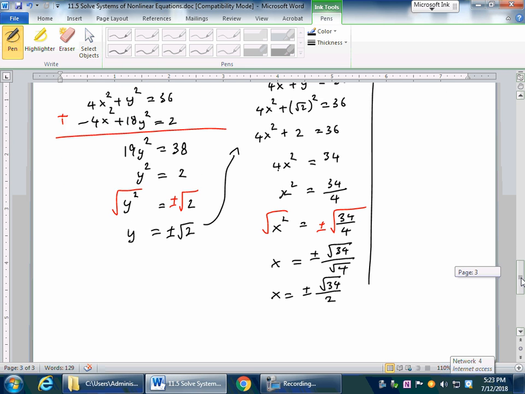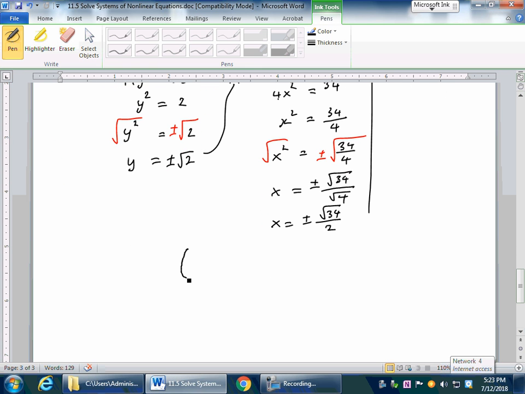So this tells me I will have two answers again like before. One of them will be when x is square root of 34 over 2, my y is square root of 2. And the other answer is when x is negative square root of 34 over 2, my y is also square root of 2. Now I'm going to look at the next part.